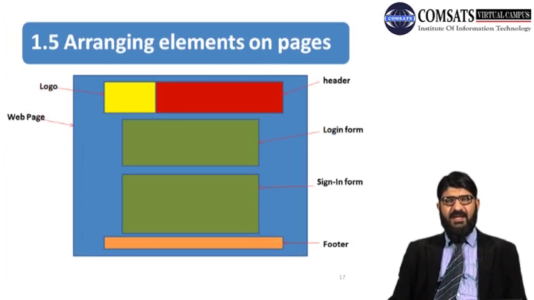Now, how to arrange the elements on pages? If you consider over here, this is basically a home page, and you can see that the background, the page size, is shown in blue color.